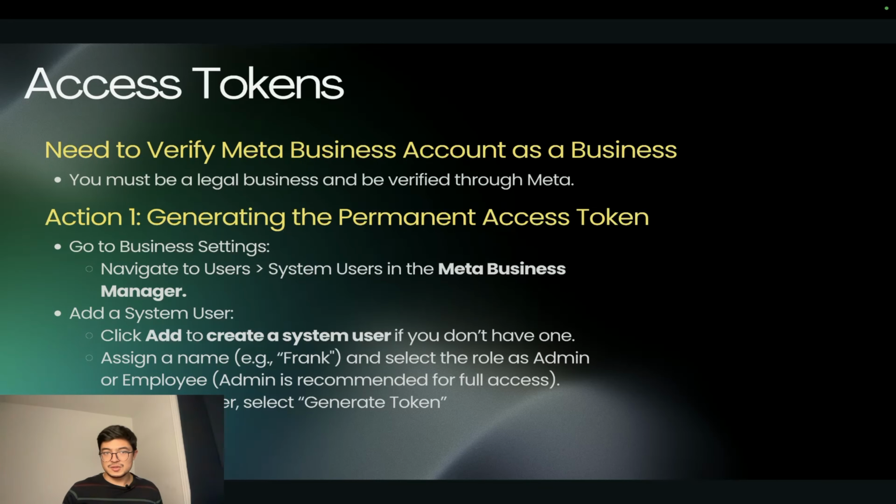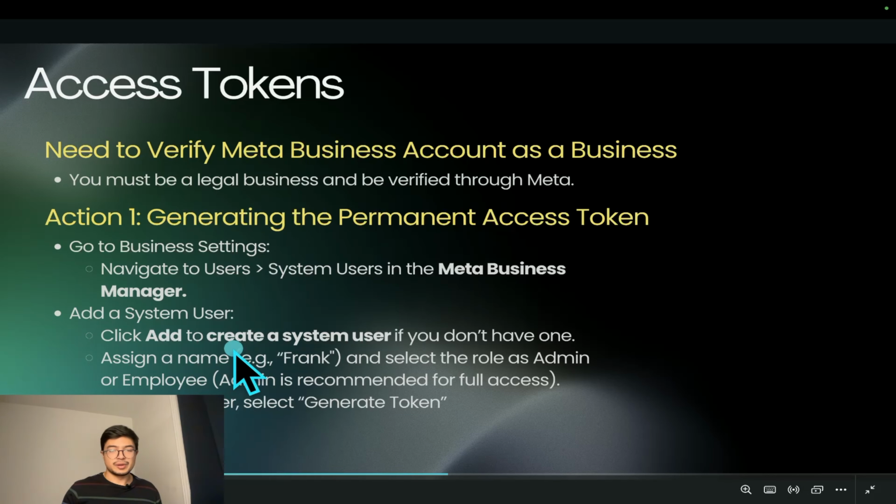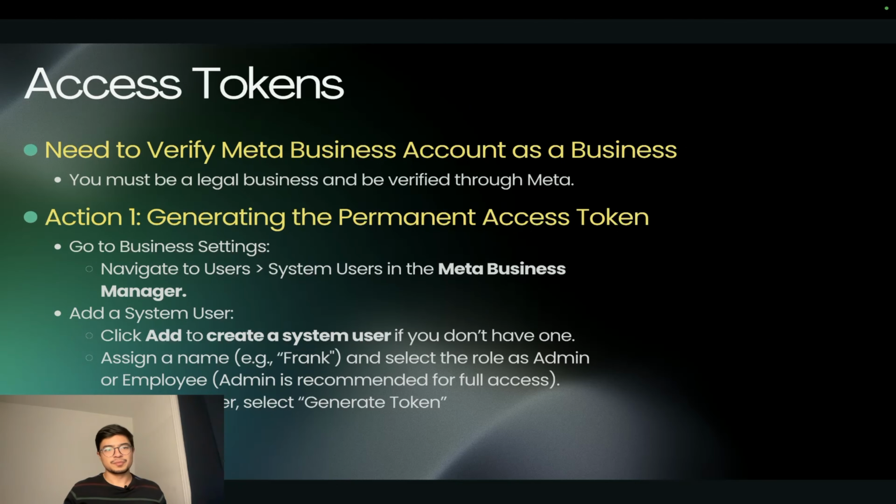Regarding the access tokens, remember that you must have your business verified by Meta in order to obtain at least the permanent access token, okay? And for you to grab the permanent access token, you have to do the following, which I'll show you how to do after we've created our app.